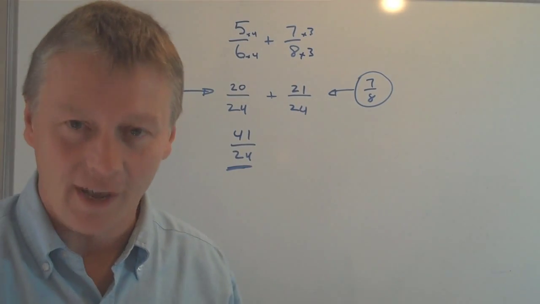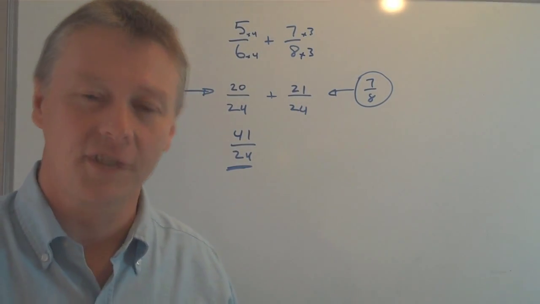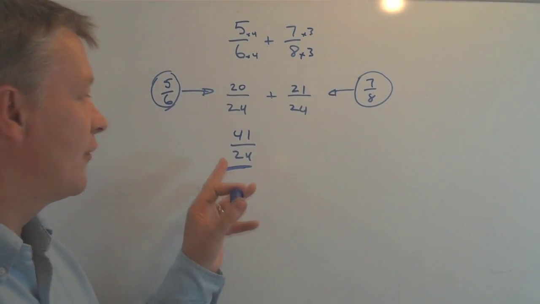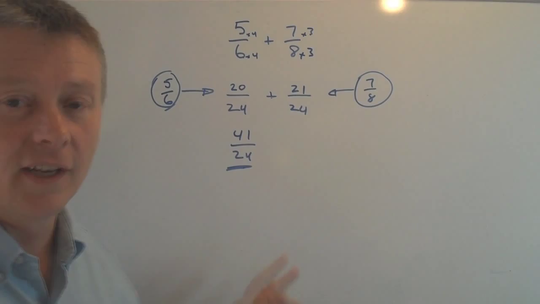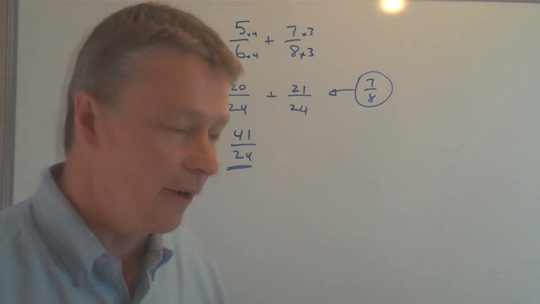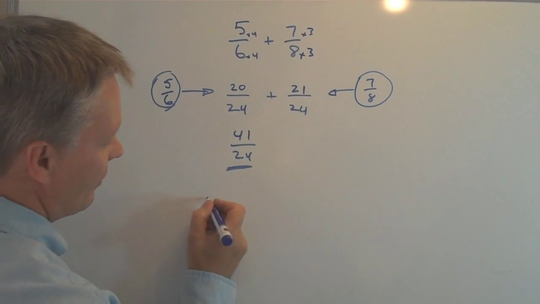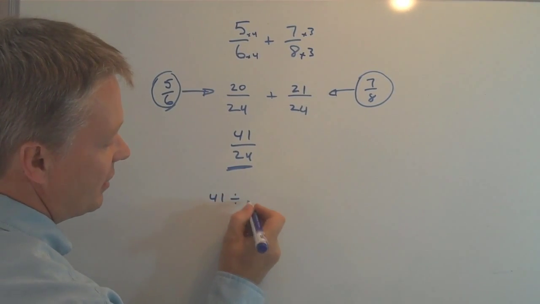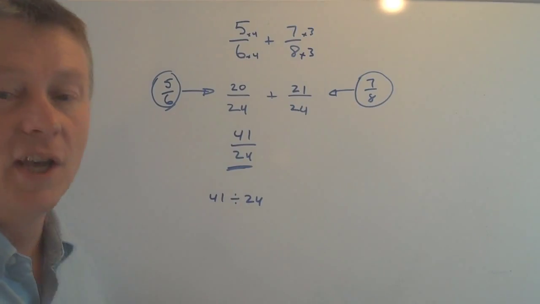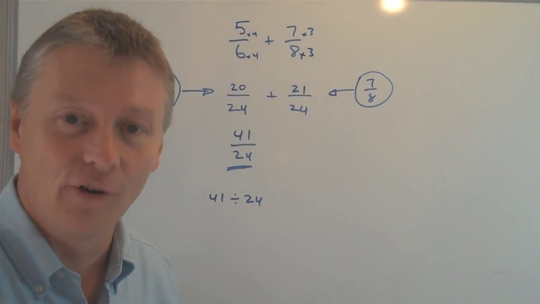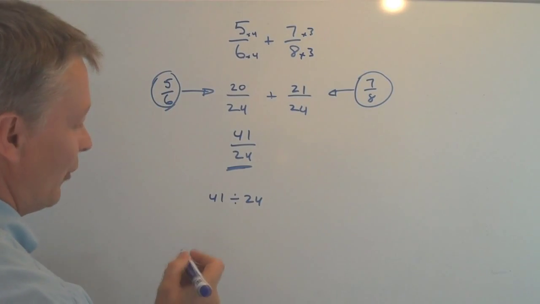It is correct, but if you were doing an exam question or a test paper, there would be a mark that you would probably lose for not converting this to a final amount, because 41 over 24 is the same as saying 41 divided by 24, which is the same as asking how many lots of 24 are there in 41.